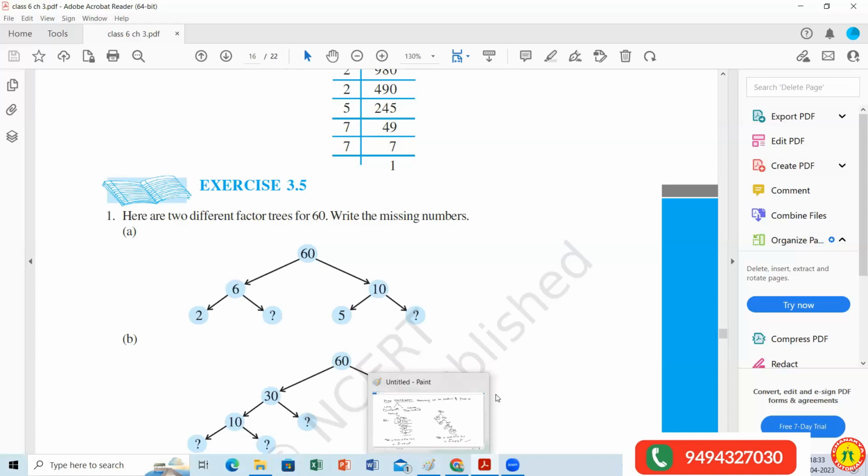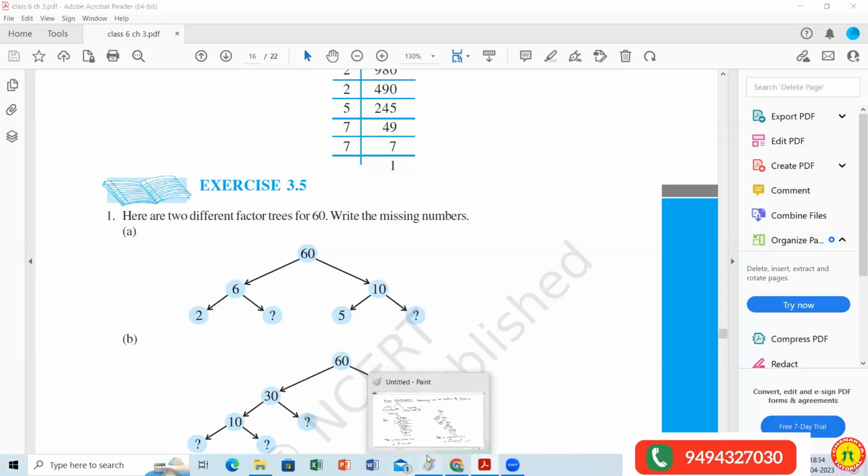Very good. So what are the prime factors of 60? Two square multiplied with 3 multiplied with 5, right? Very good. Children, what Advika said is correct.